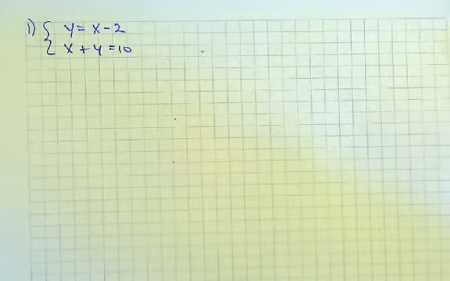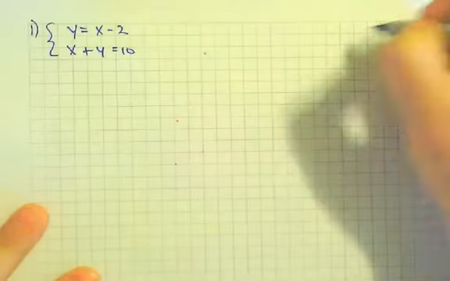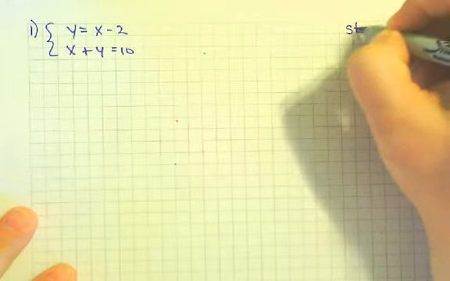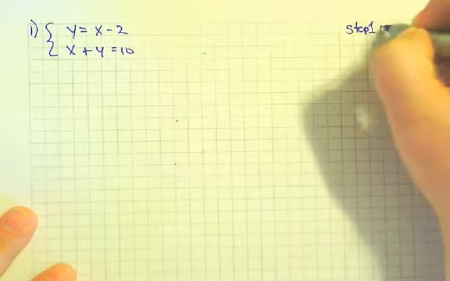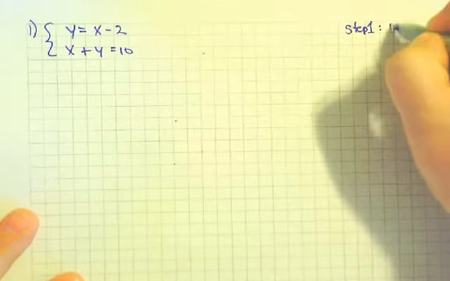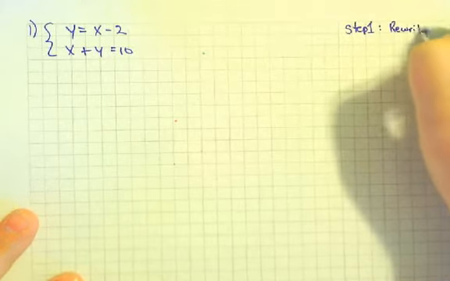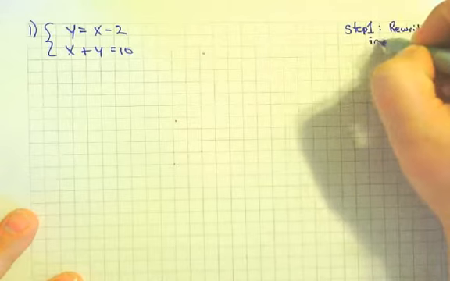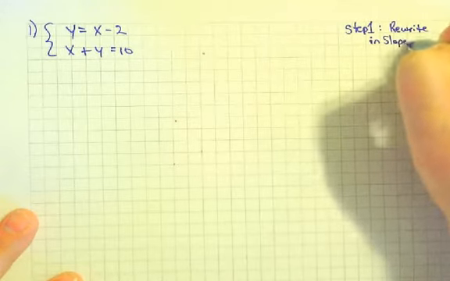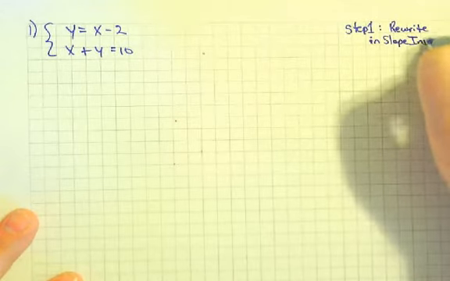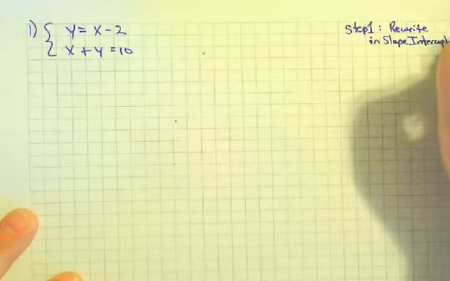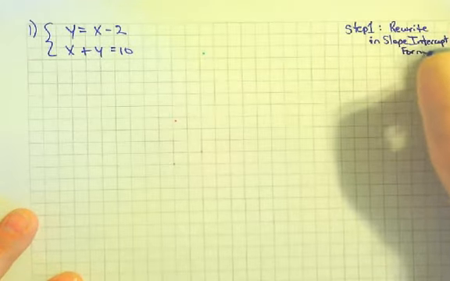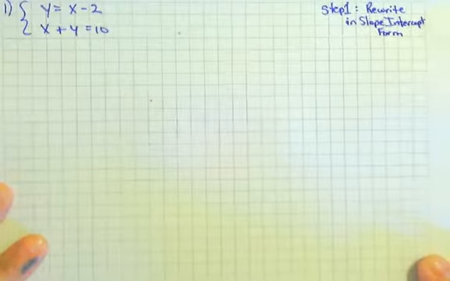For those of you who still feel like they need steps, the first thing you're going to do in step 1 is you're going to rewrite in slope-intercept form. That's the first step.